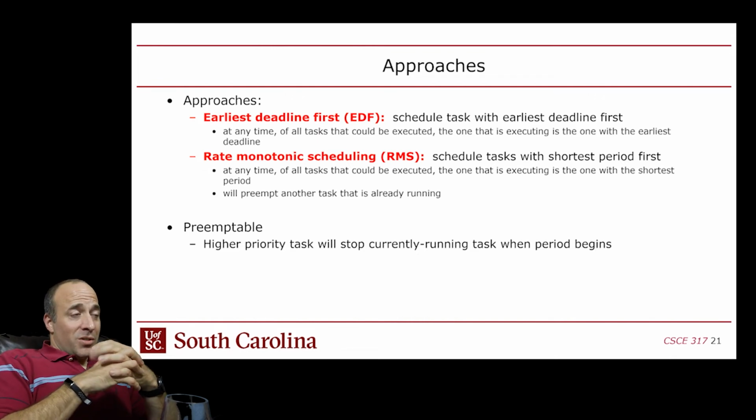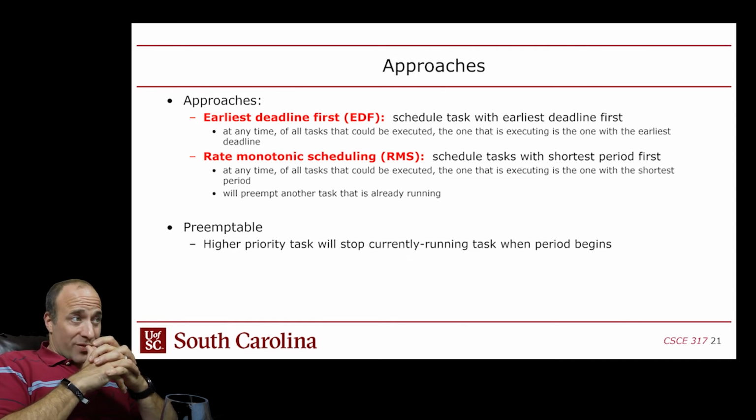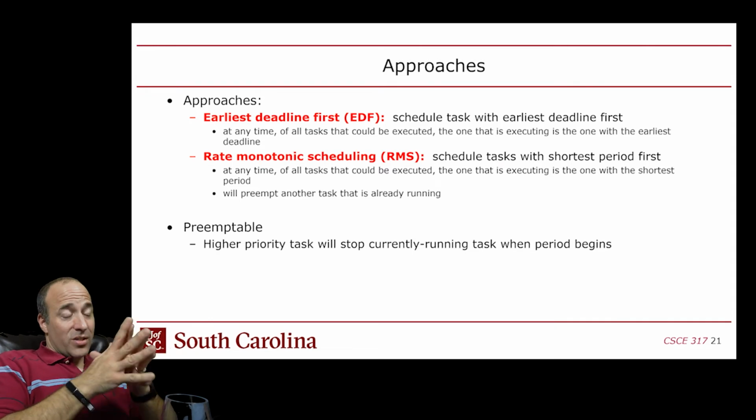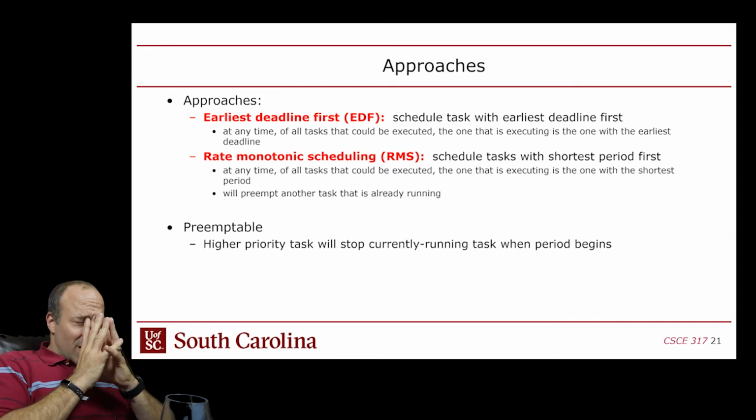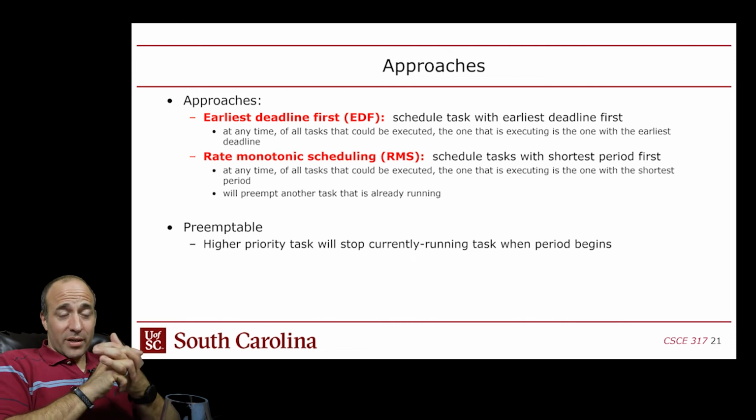The difference between these two is the way in which they prioritize tasks whenever one of those decisions has to happen. With EDF, it depends on which of the tasks has the earliest deadline. And RMS, it's just whichever task has the shortest period.